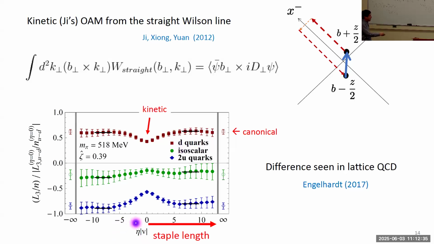So since this is a length, 0 means that you go from here to there just by a straight line, and this is the kinetic orbital angular momentum. And the canonical orbital angular momentum corresponds to the infinite length. So you extrapolate to the infinite length, and this asymptotic value is the canonical. And you see the numerical difference between the two definitions of the orbital angular momentum. And that comes from this extra closed loop in the light-cone direction.